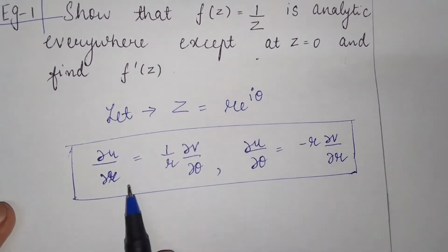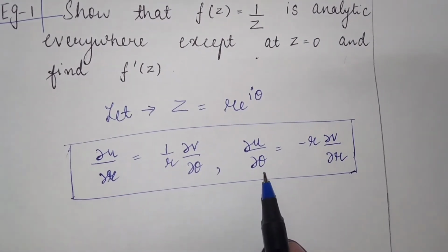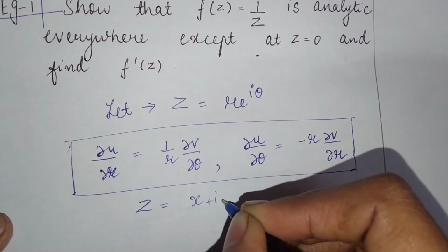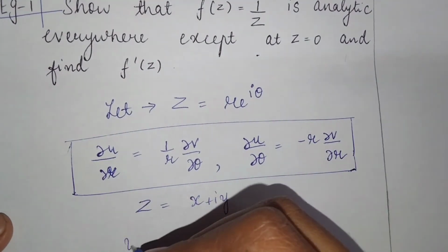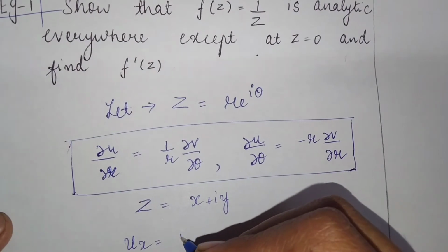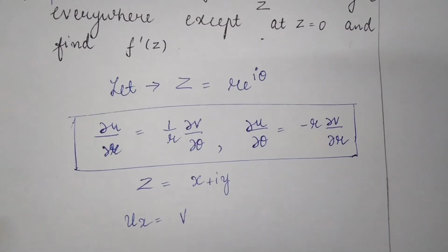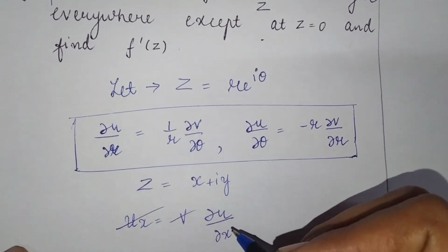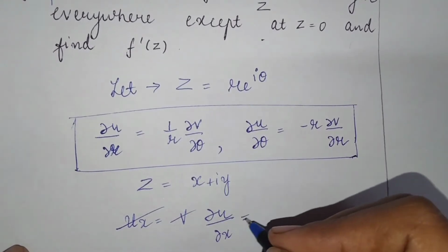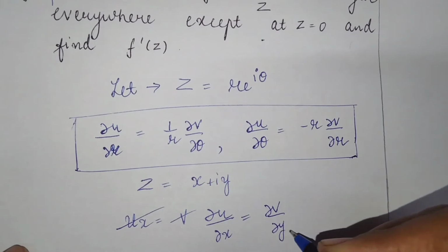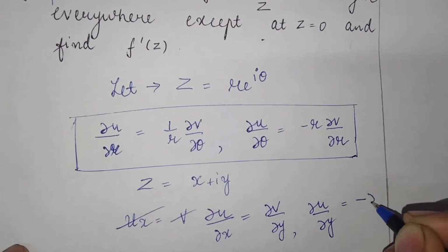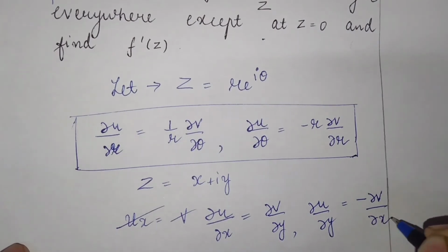Okay? So we will check these conditions in polar form. When we take z equal to x plus iy, we check that del u by del x should be equal to del v by del y and del u by del y should be equal to minus del v by del x.